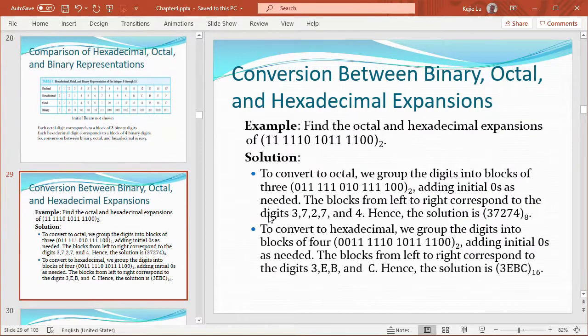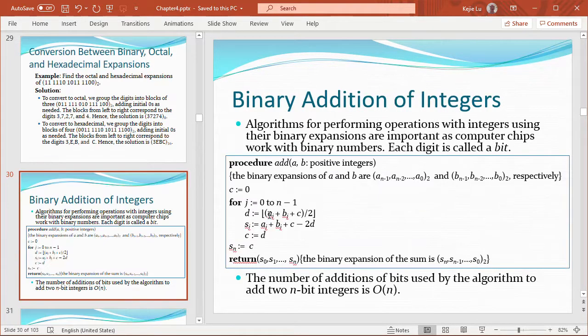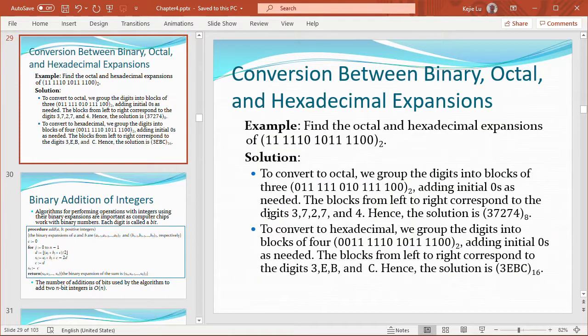And then using these blocks, we can quickly convert binary to octal or convert binary to hexadecimal. So that should be very easy to understand. And on the other hand, if you have hexadecimal, you can change each digit in hexadecimal to 4 bits. Right? From octal to binary, we can use 3 bits to represent every digit in octal.